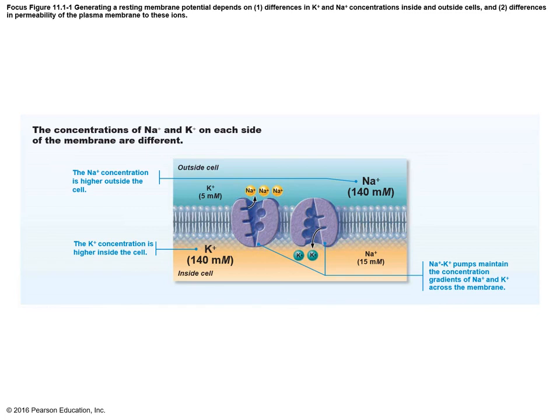And if you don't have that, you would never generate a graded potential. You would never get a graded potential stimulating the action potential. If you never get an action potential, that means you never have a nerve impulse, which means you can never stimulate your muscles to contract, which means if your muscles can never contract, you're dead. Bottom line. It is critical that you be able to maintain that concentration gradient.